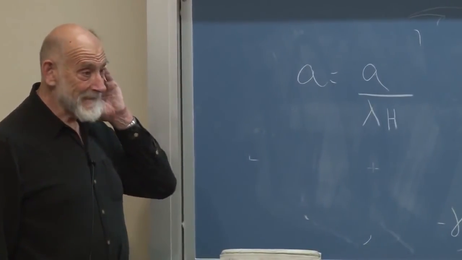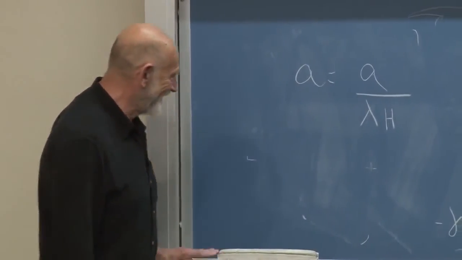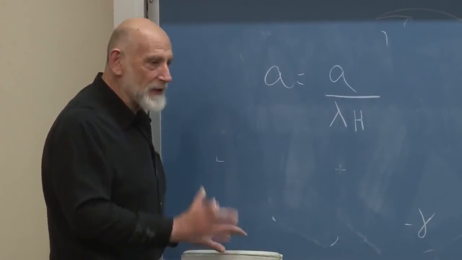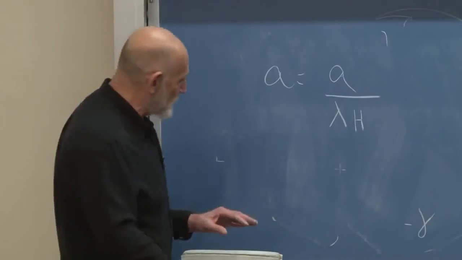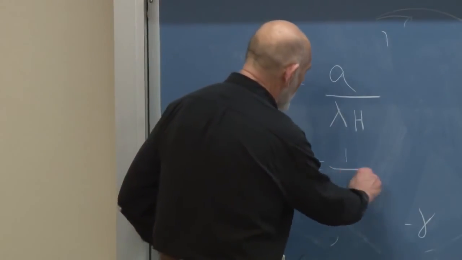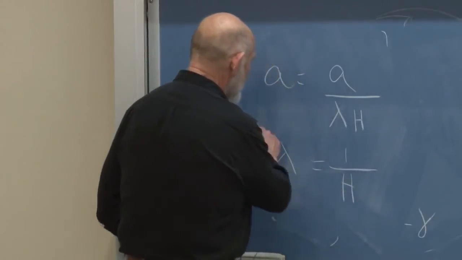That means lambda H has to equal 1. The crossover happens when the actual wavelength of the radiation, lambda, is equal to 1 over H.